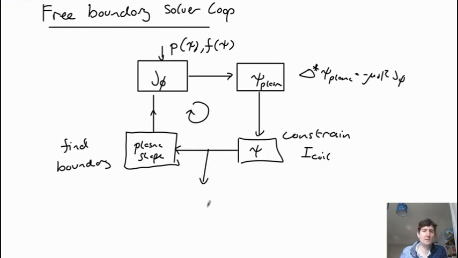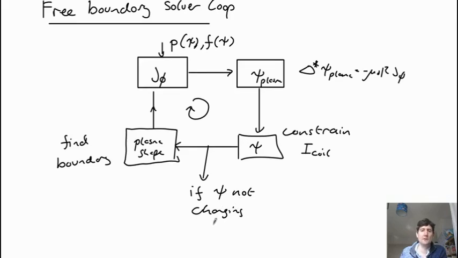At some point here, so if psi is not changing, at least within some tolerance, then we're done. So just keep going around here. Each time psi changes a bit, and we just keep going until we find a solution.